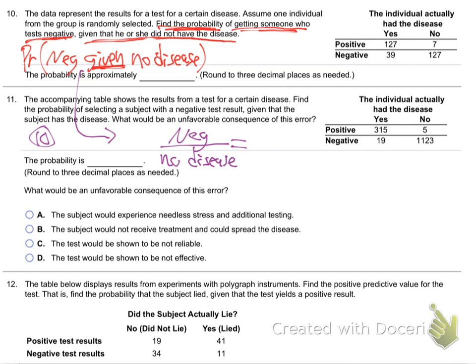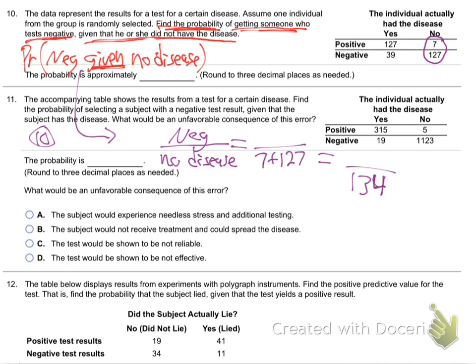They're giving us the fact that we are testing somebody who doesn't have the disease. So you're among those people that don't have the disease. How many people is that? The total that don't have the disease is 7 plus 127, which is 134.